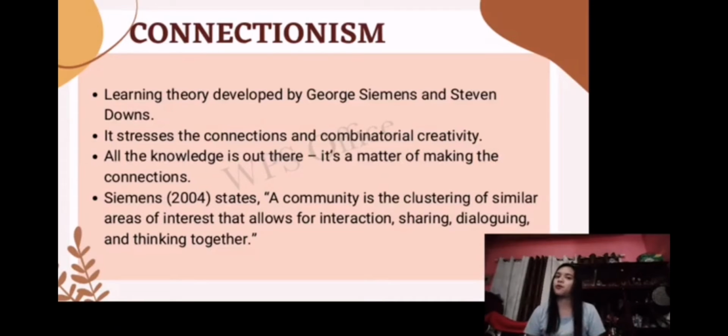For example, when you are talking about a mall and you meet someone who lived in a faraway place and did not experience going to a mall, in that case they can't connect with you because they haven't experienced it. That is why in teaching, you need to connect to your students' experiences and yours so that they can understand it well. So that is what connectionism is all about.